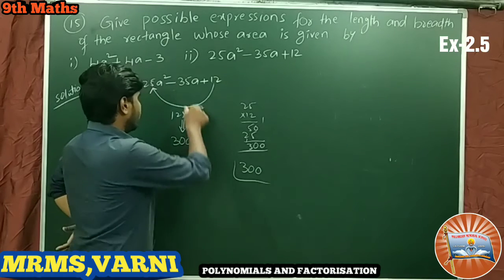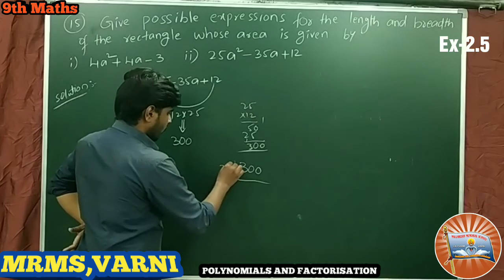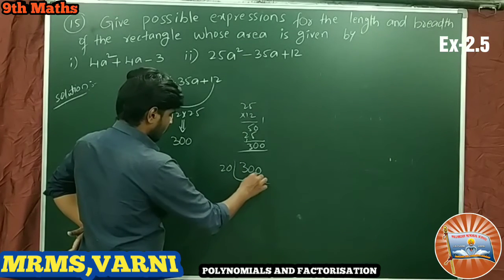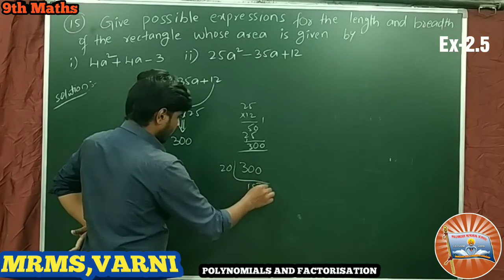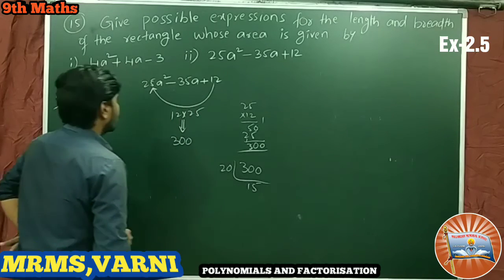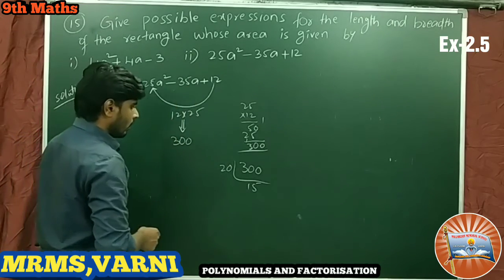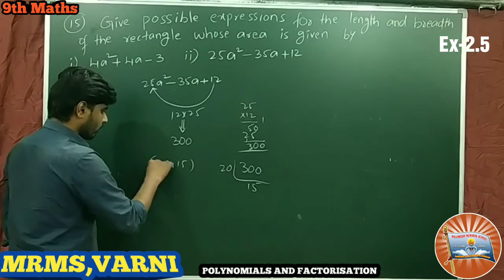We need to get minus 35 here. So the suitable one is 20, and remaining here I think it is 15. 20 times 15 is 300. Here we have minus 35a. So this pair we got here, 20 comma 15.